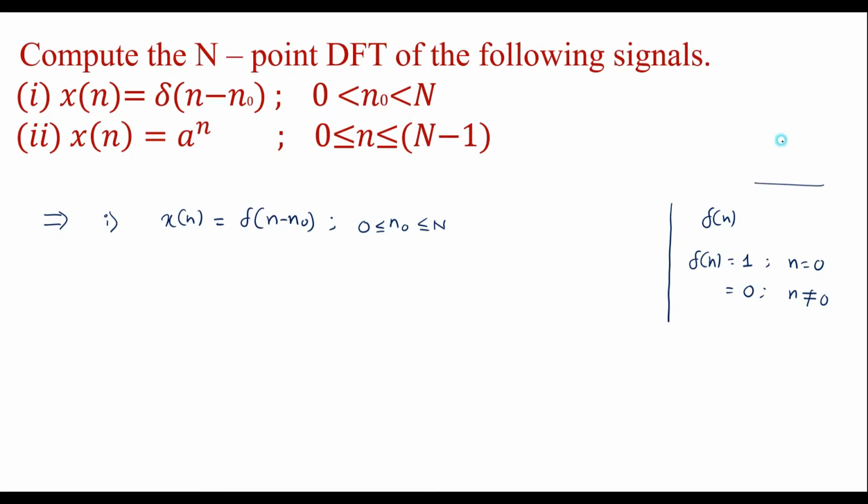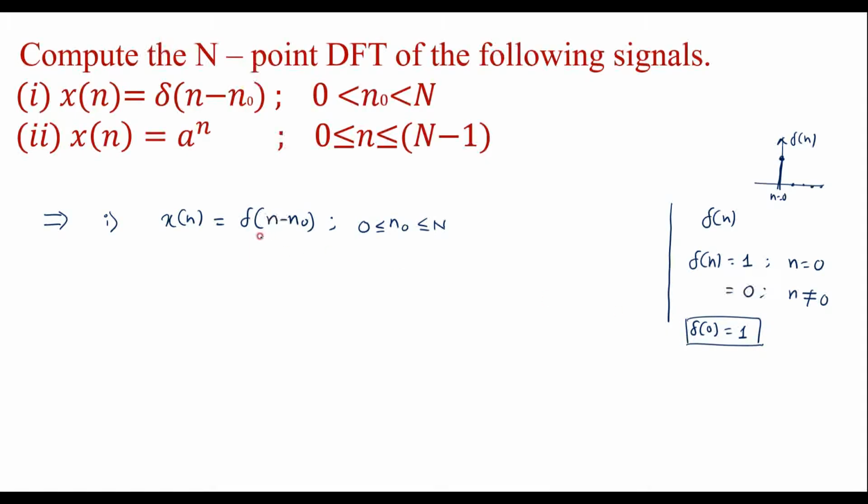It will look something like this. This is delta(n), and here n equals 0. So its value is 1 only for n equal to 0, and for all other cases its value is 0. Therefore, delta(0) is equal to 1.